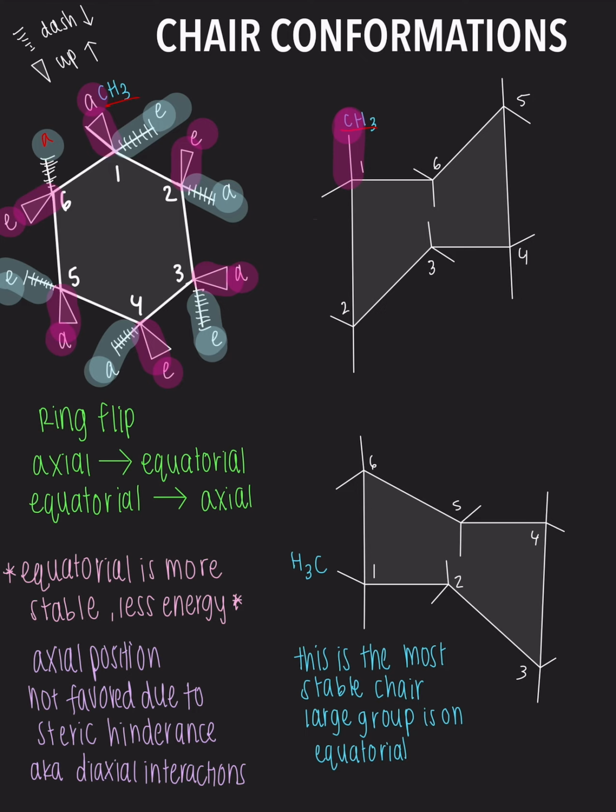This is kind of like your eclipse version. If you're axial, it's like an eclipse. But if you are equatorial, then you're like in an anti-conformation, you're like in a staggered conformation, so you're less energy and you're more stable, and it's better for the big groups.